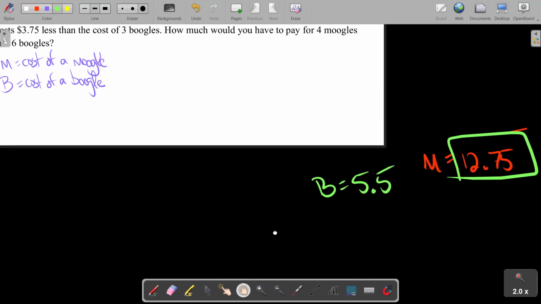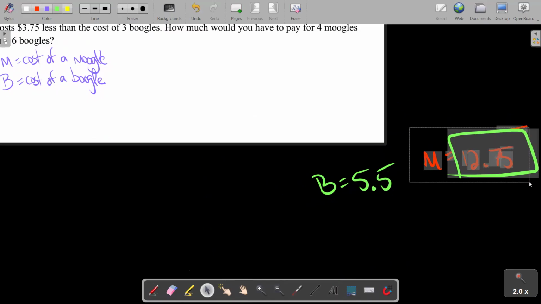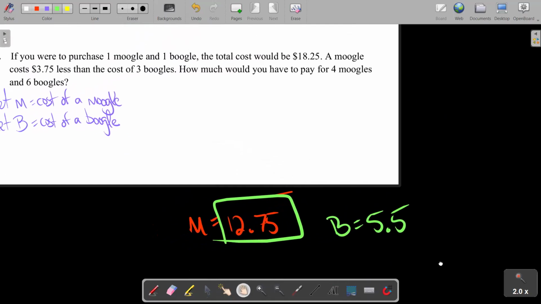Now, this math problem says that we're supposed to buy 4 Moogles and 6 Boogles, right? So when you have to multiply? Definitely. So I have to take 4 times the cost of a Moogle. And I have to add to that 6 times the cost of a Boogle.